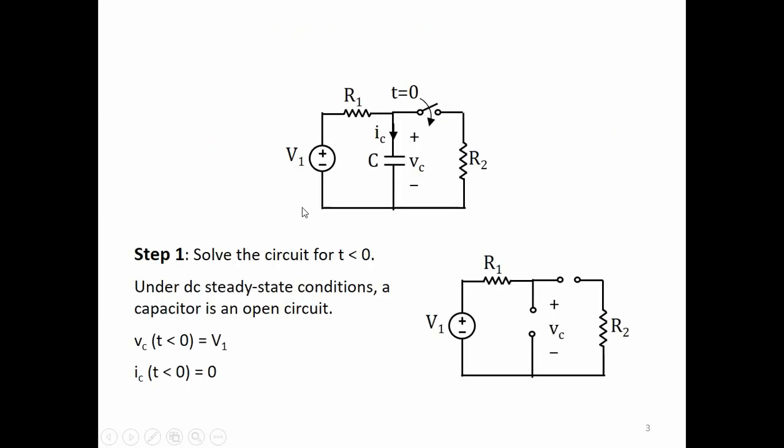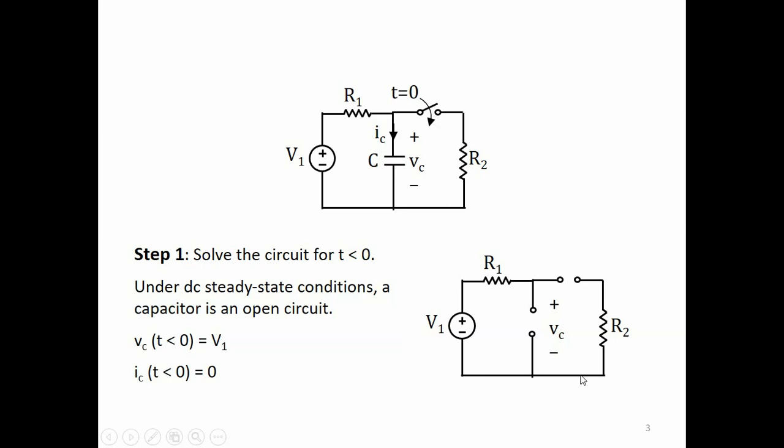So we start with t less than 0. Step 1 is we draw and solve the circuit for t less than 0. So this is our original circuit. For t less than 0, the switch is open. For t less than 0, the capacitor is an open circuit because it does not carry any current, as we just said.